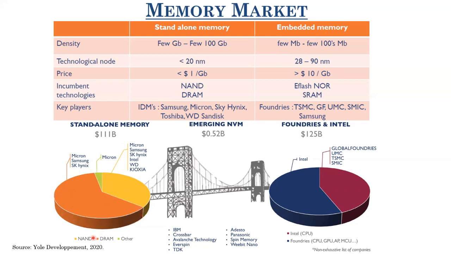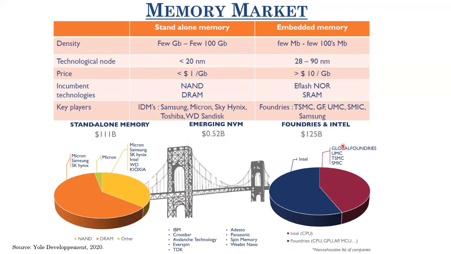The rest is occupied by NAND and some other memories. So it's DRAM which is dominating this standalone memory market, at 55% of it, and NAND is only 45% of it. And these 5 players occupy at least 90% of this.